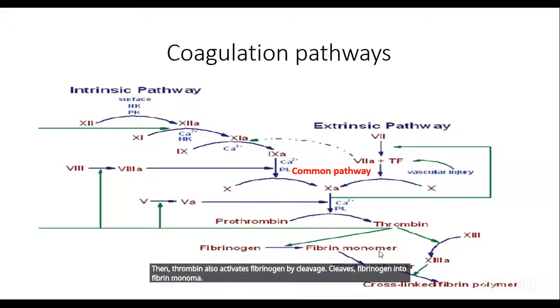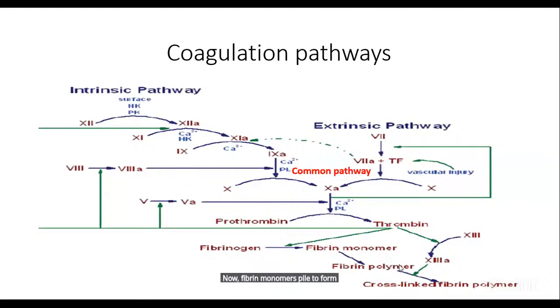Now, fibrin monomers pile to form fibrin polymer. But this fibrin polymer is soluble, and we need an insoluble fibrin polymer to cross-link the platelets.